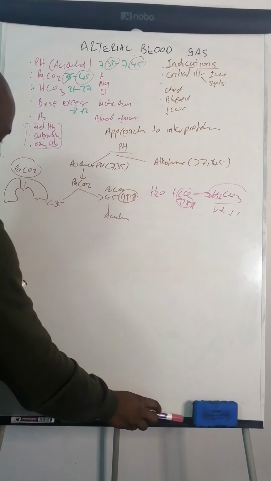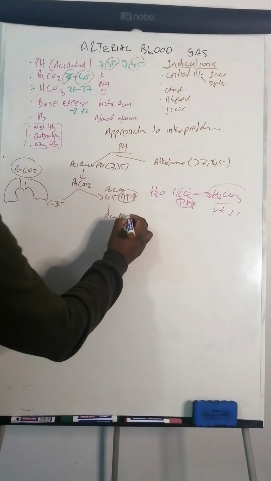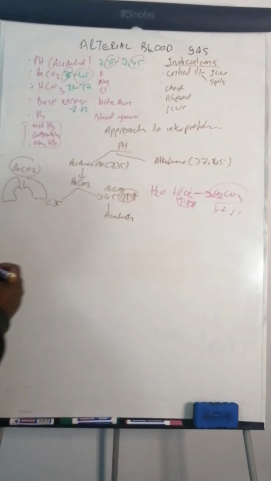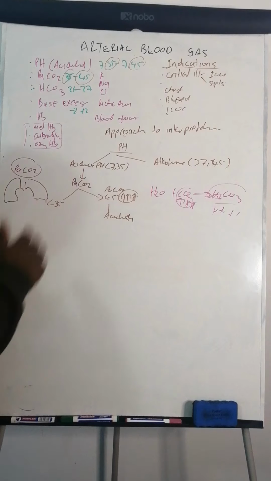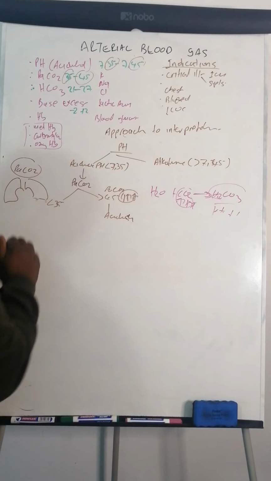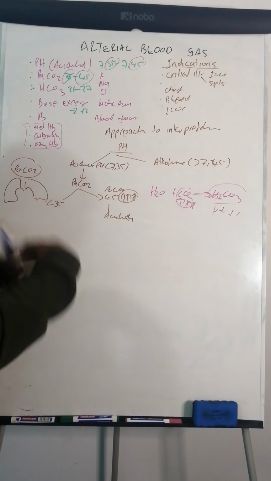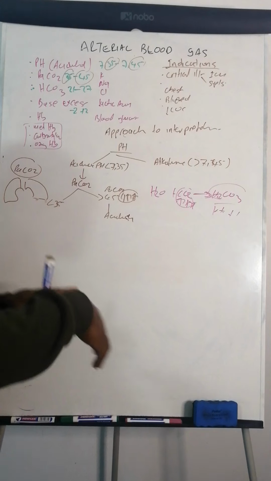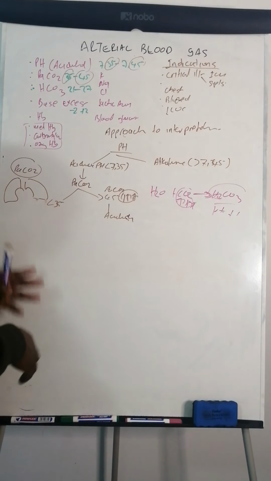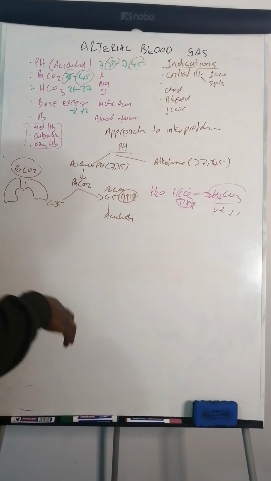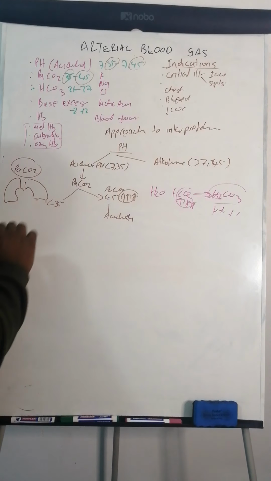So you've got acidity now. We said that we got a strip and we saw that we've got acidity. Now we say, okay, we know that we've got acidosis, but where is the acidosis coming from? Is it respiratory or is it metabolic? To decide that, we look at the partial pressure of CO2.